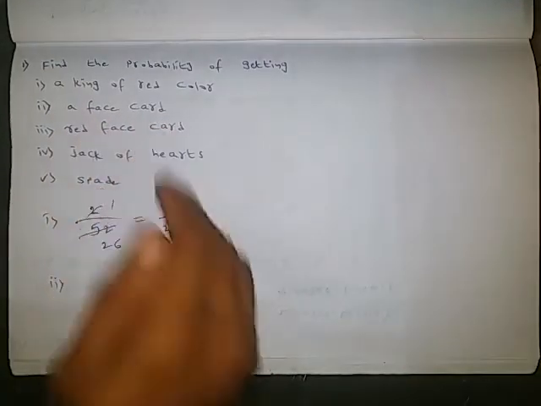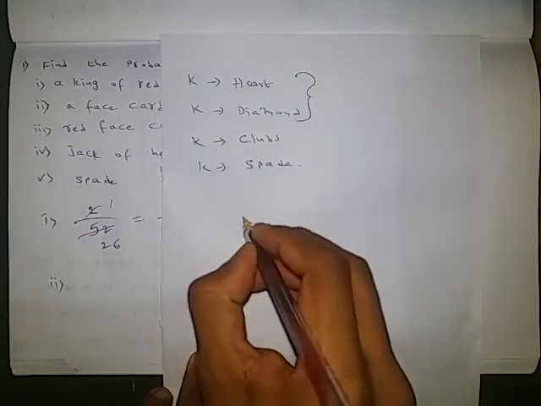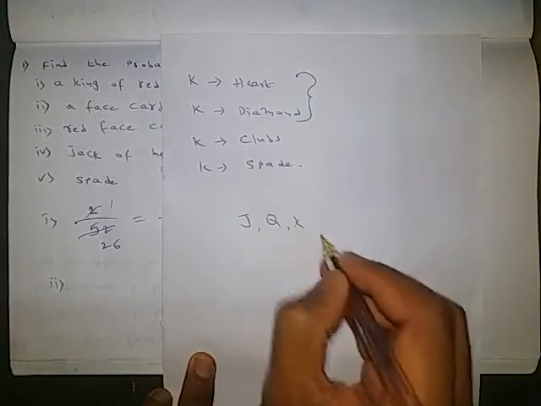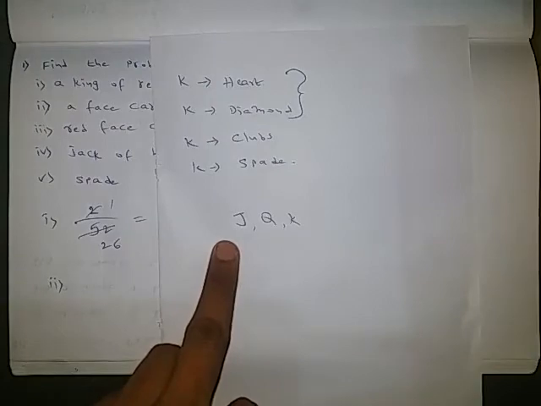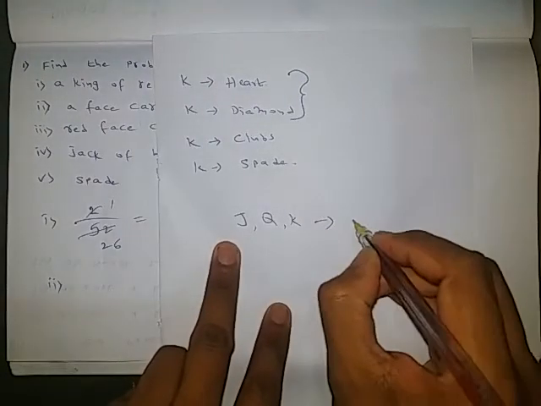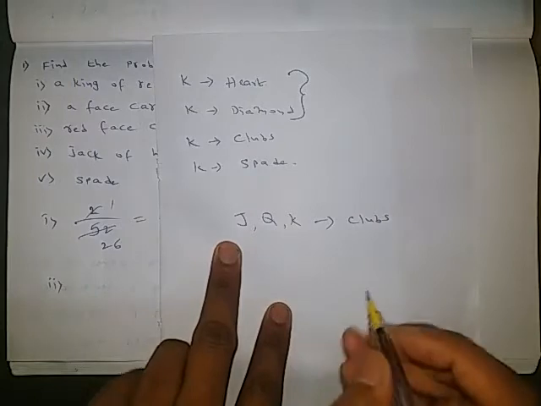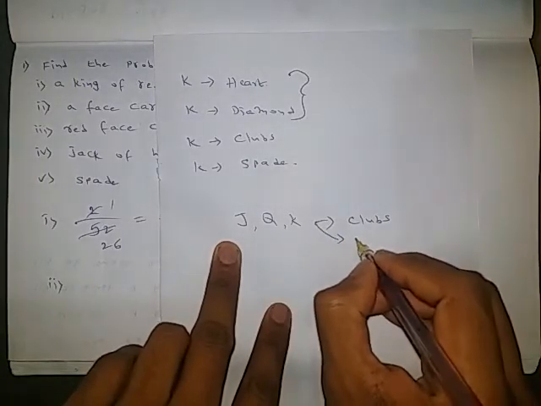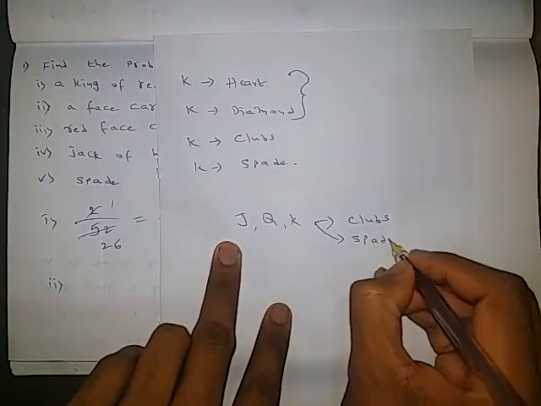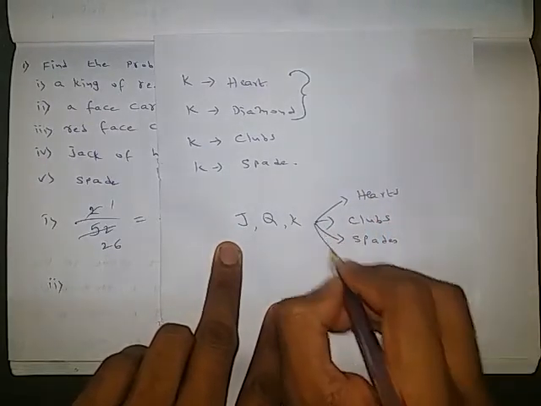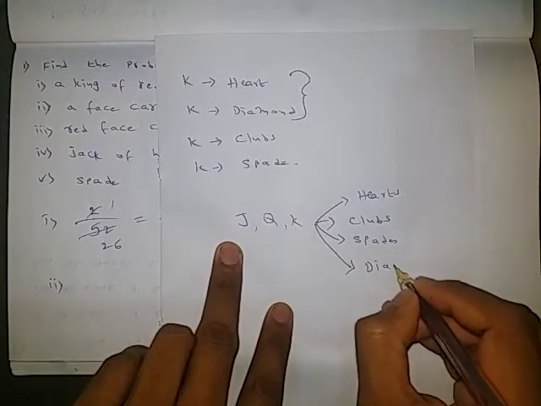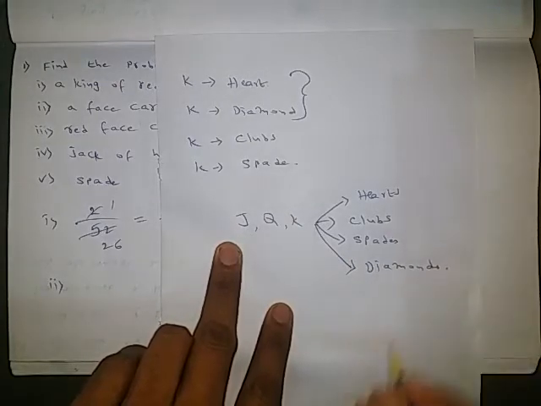Next, let us check the next question. What is the probability of getting a face card? Already we know the 3 cards, J, Q, K, are called face cards. J, Q, K are there in the clubs set, in the spades set, in the hearts set, as well as in the diamonds set.